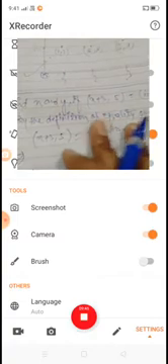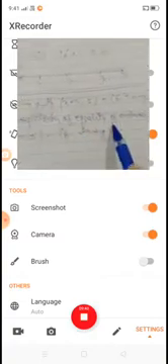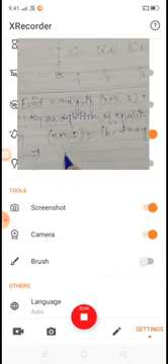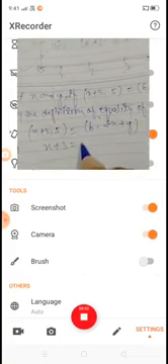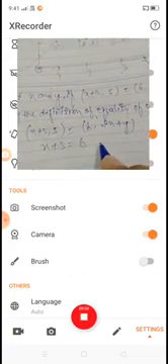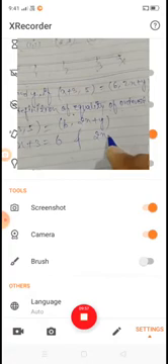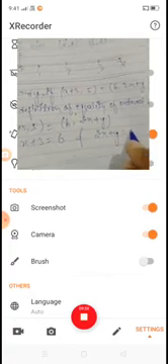So by the definition of equality of ordered pairs, we have x plus 3 is equal to 6 and 2x plus y is equal to 5.